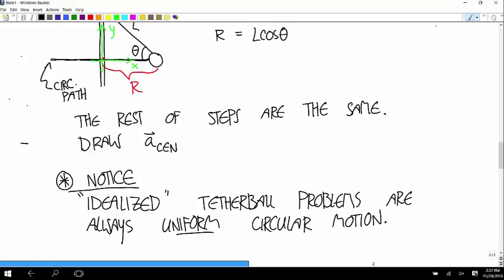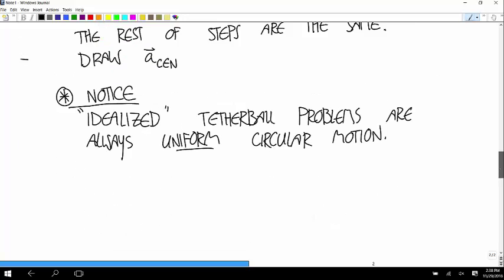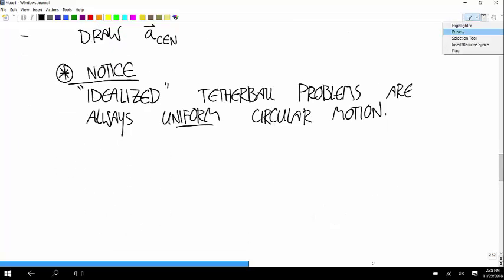And what do we know about the tangential acceleration in uniform circular motion? It's zero. So the tangential acceleration in tetherball problems is always zero. The speed's constant.